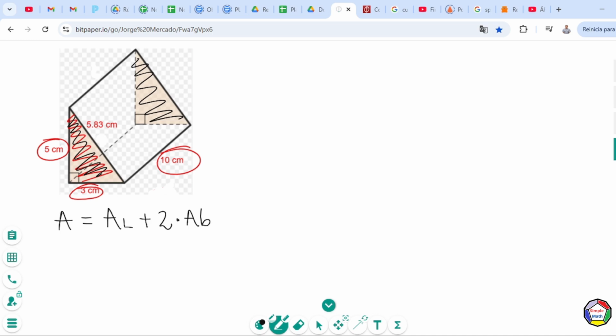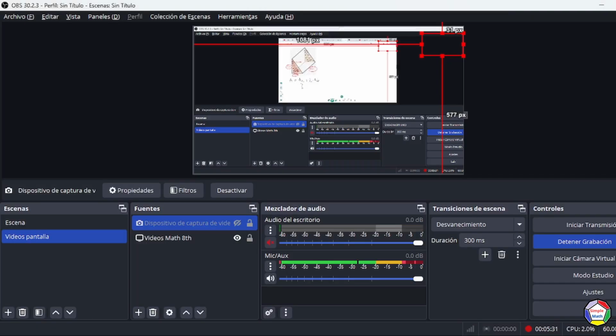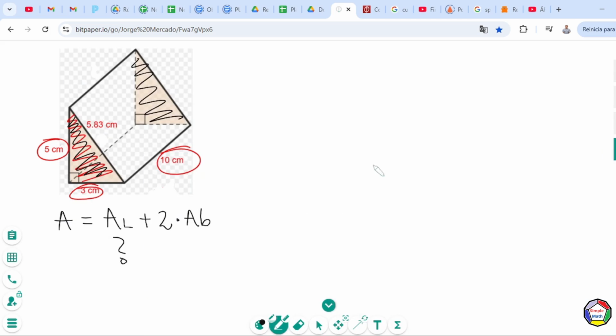Okay, the question is, what is the lateral area? I don't know how to calculate the lateral area now, but we can find the lateral area with a formula. In all the solids, the lateral area is equal to the perimeter of the base times the height.